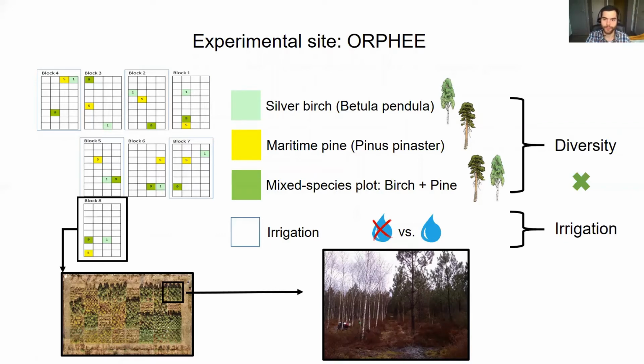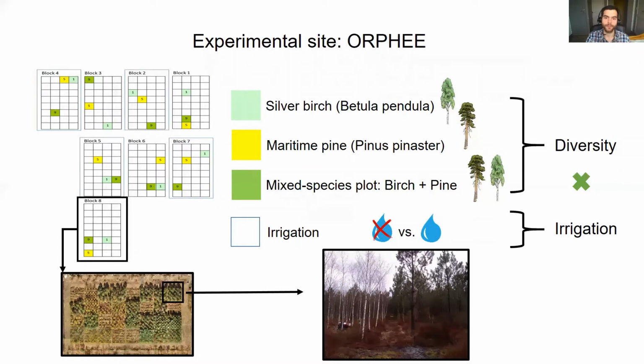Since 2015, half of the blocks receive irrigation by a sprinkler system every night during the summer, and the other half experience the dry summer of southwestern France. An experimental setup which allows us to study the interaction between tree diversity and water supply.